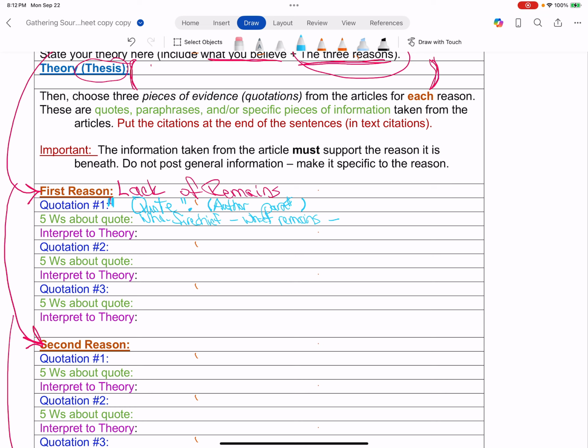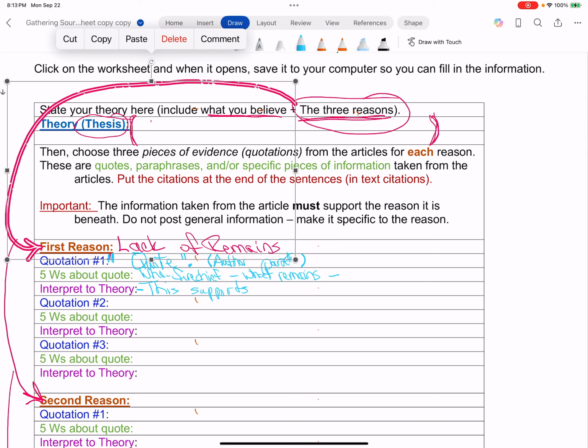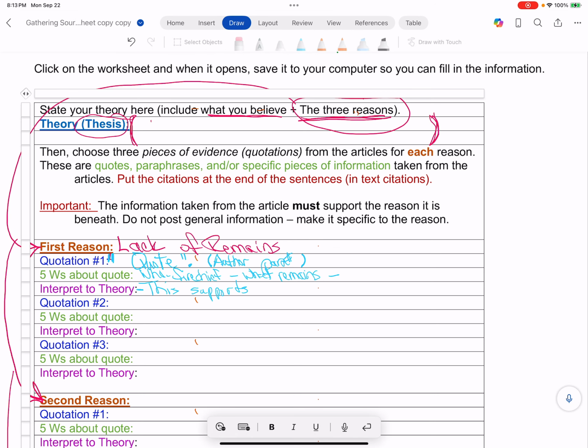And then your interpretation to theory should always be something similar to this: supports the theory that the Sauter children were not in the household when the fire occurred because there was a lack of remains.